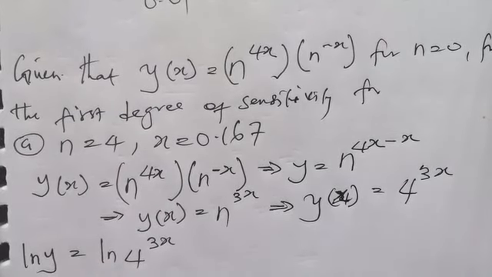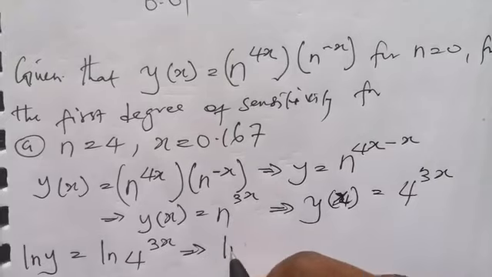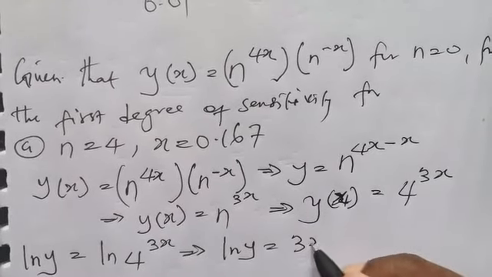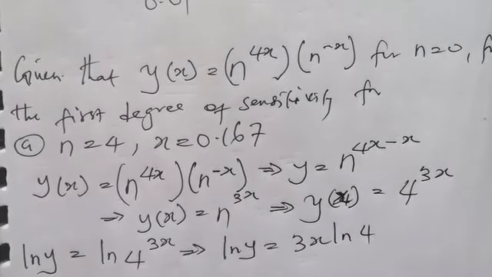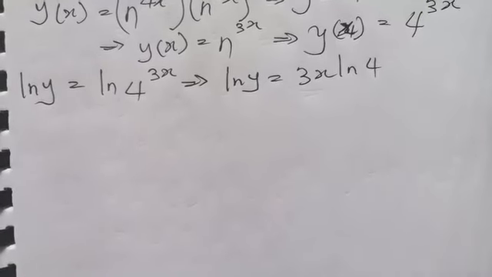From the principle of logarithm, whenever the log of a number is raised to a power, you simply use that power to multiply the log itself. So ln y is equal to 3x ln 4. All right, so we need to now differentiate y with respect to x.